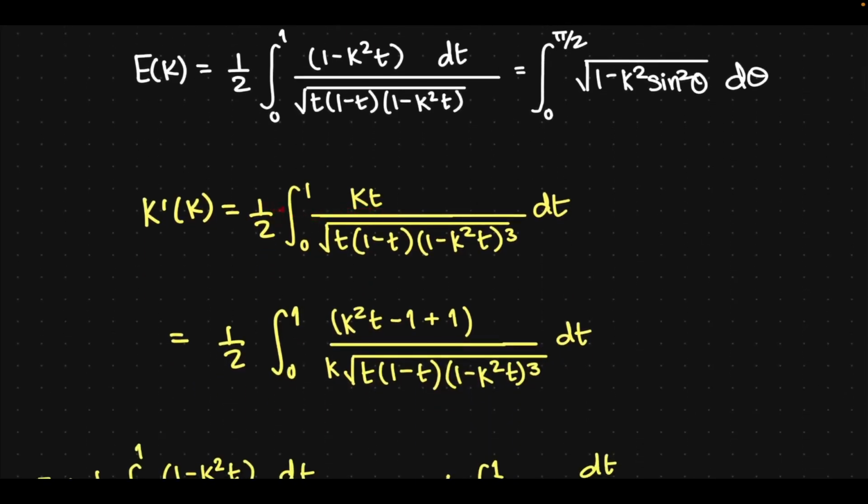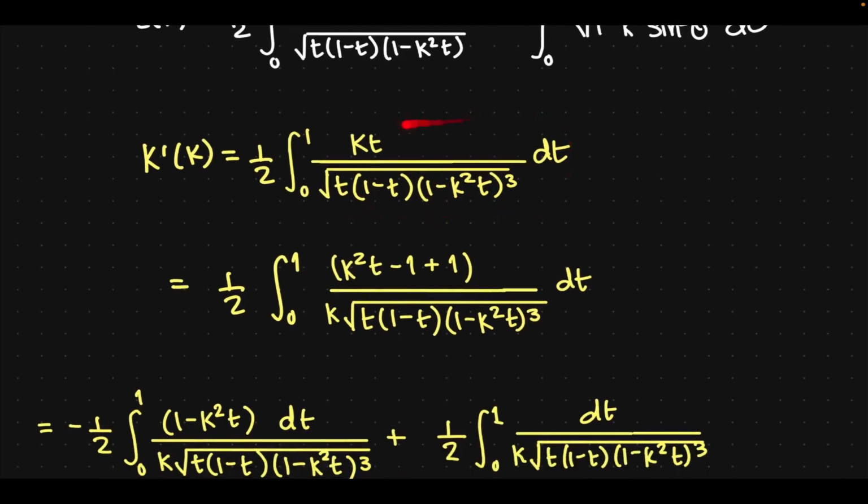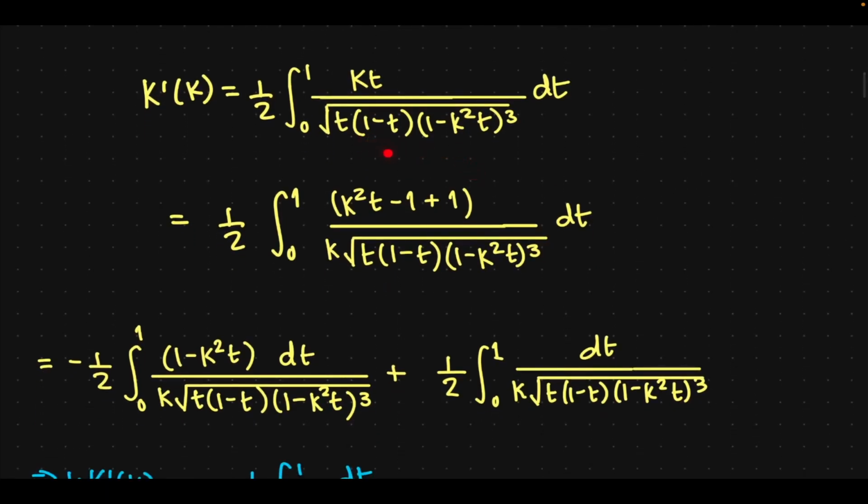So we get 1 half integral 0 to 1 of kt divided by the square root of t times (1 minus t) times (1 minus k squared t) whole cubed, dt. I'm assuming you're familiar with this kind of calculation using the chain rule, so I will leave that to you to figure out. If you don't agree with me, you can always pause the video and do it on a piece of paper.